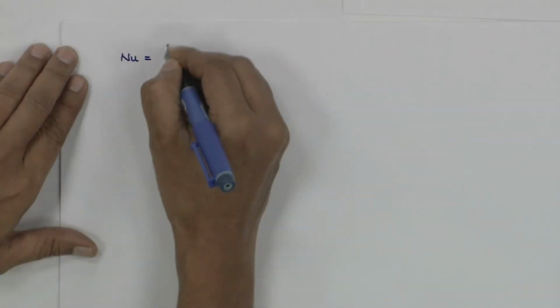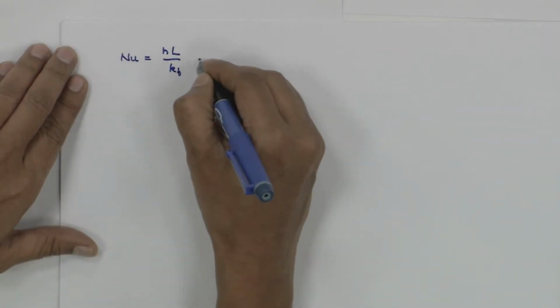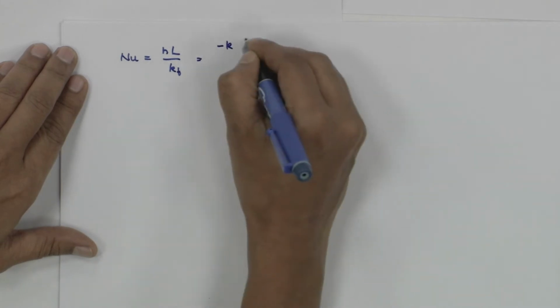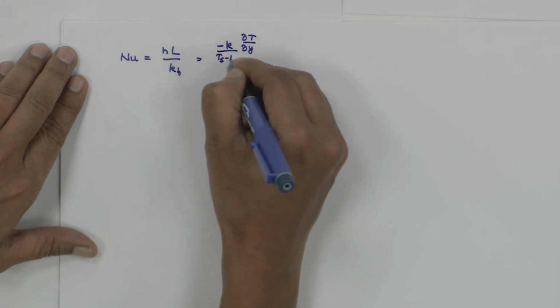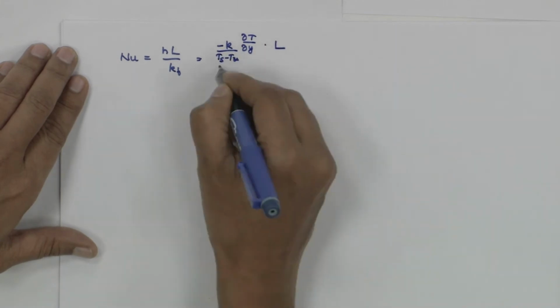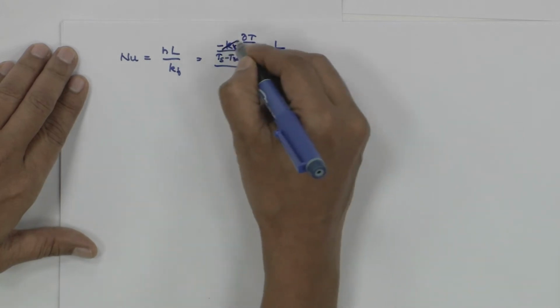So Nusselt number is equal to HL by KF. But what is H? H is equal to minus K del T by del Y upon Ts minus T infinity into L upon KF. So KF gets cancelled out.